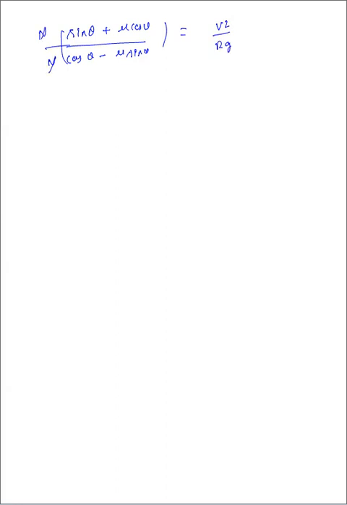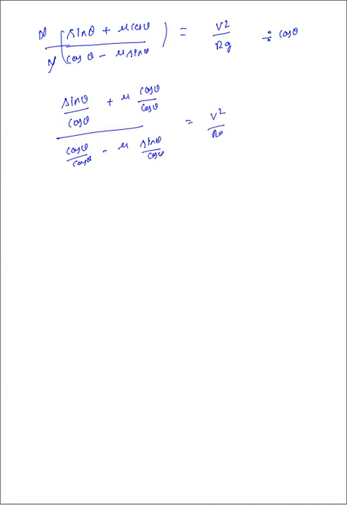Now what you have to do is divide with cos theta on the numerator and denominator of the LHS. So sin theta by cos theta plus mu into cos theta by cos theta, over cos theta by cos theta minus mu into sin theta by cos theta, is equal to v square by rg.